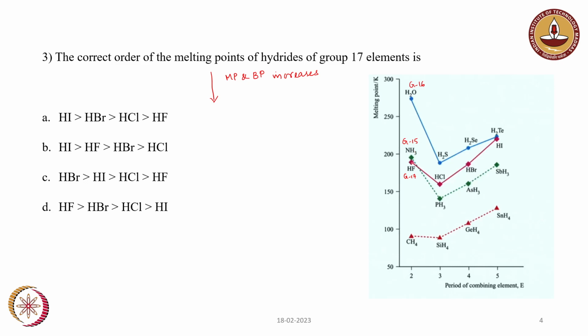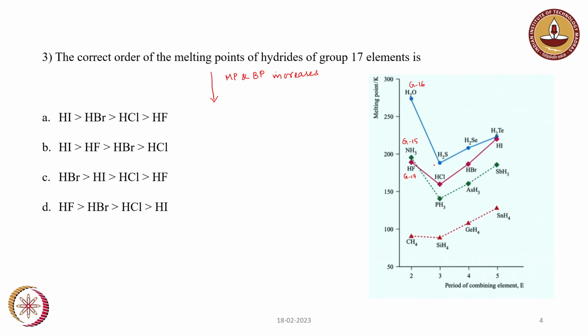The first hydride of the first elements, that is, for nitrogen ammonia, the second one for the oxygen group water, and for the halogens HF. All these three show very high melting points compared to the hydrides of the next elements.